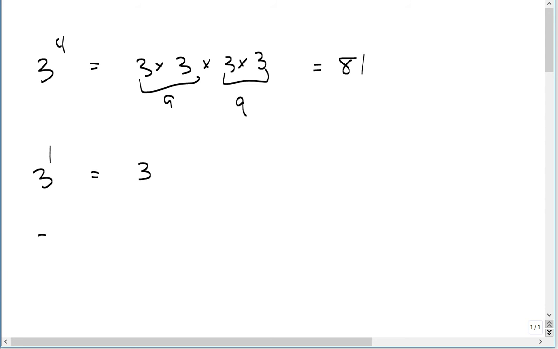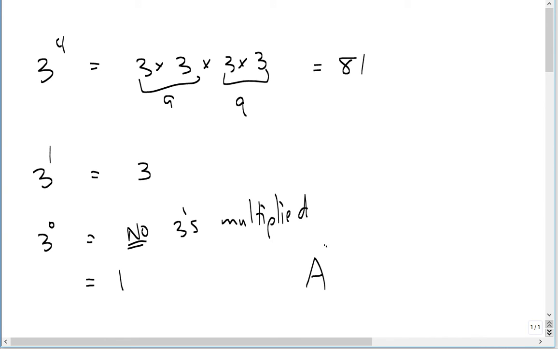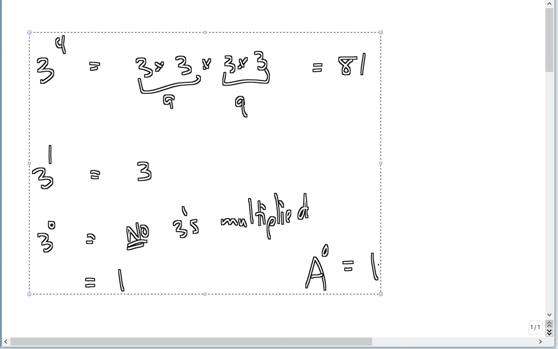But 3 to the 0 is no 3's multiplied. And this drives people so nuts because they want to say it's 0. It's not. It's 1. Any number to the 0 power is 1 because it's the nothing of multiplication.